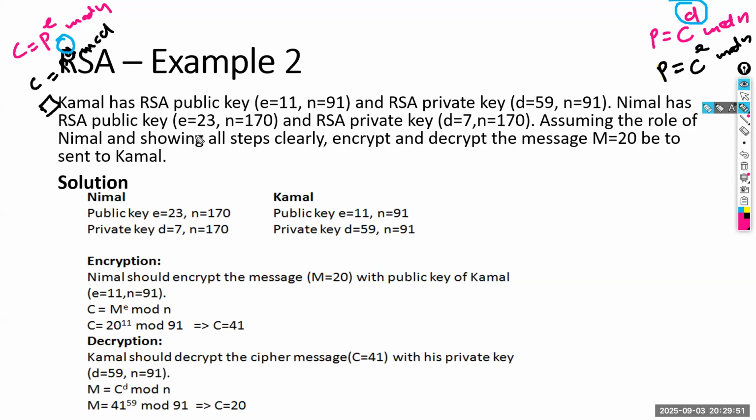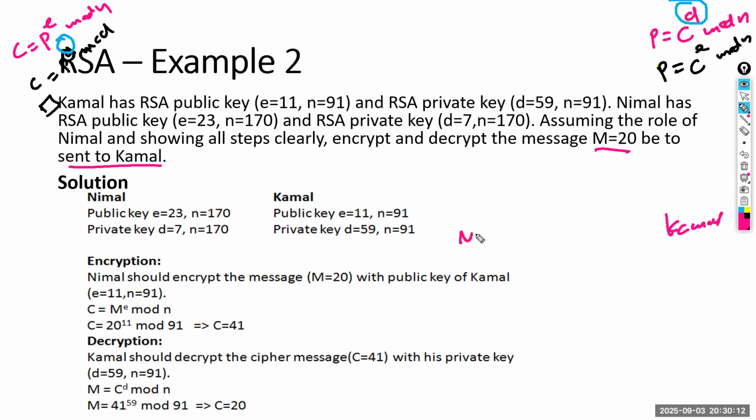Nimal has a public key and a private key. Assuming the role of Nimal and showing all steps clearly, encrypt and decrypt the message m equal 20 to be sent to Kamal. So remember, it's going to be sent to Kamal.